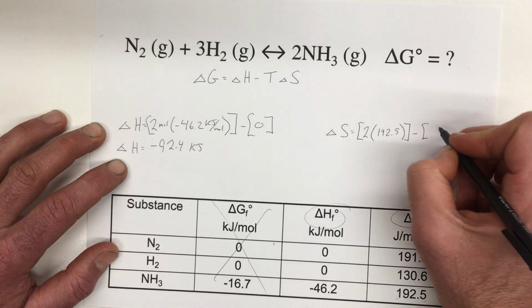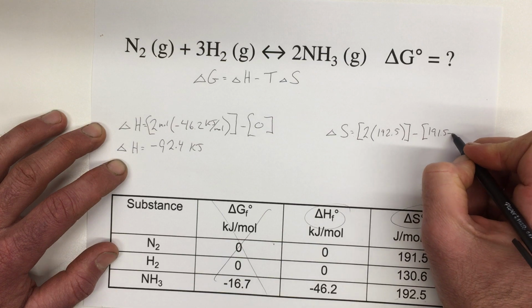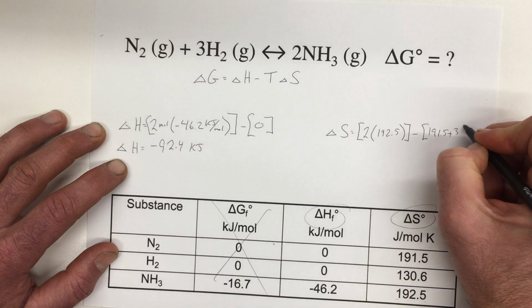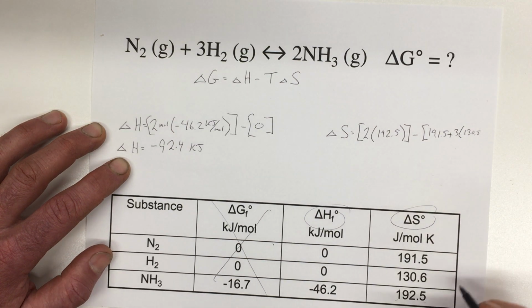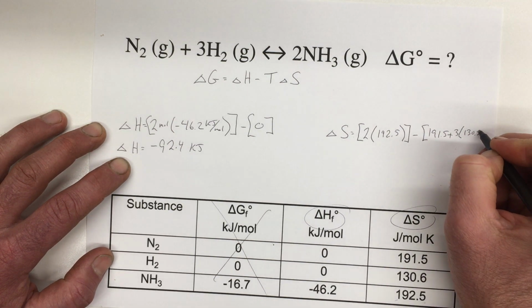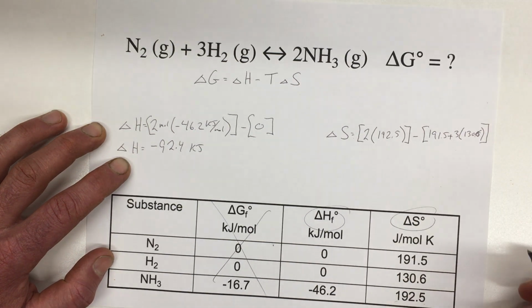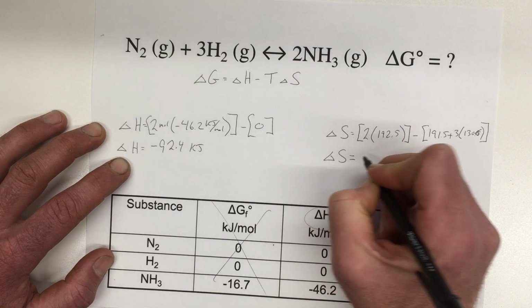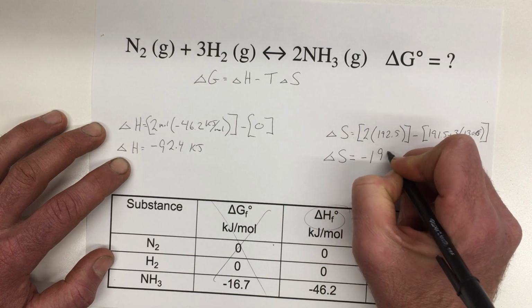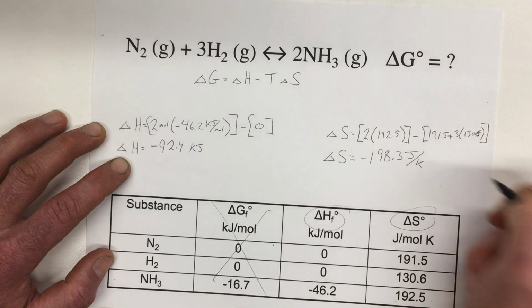So it'd be 191.5 for your nitrogen plus 3 times 130.6 for our hydrogens. And so we'll do that, and we get delta S is equal to negative 198.3. That'll be joules per degree Kelvin.